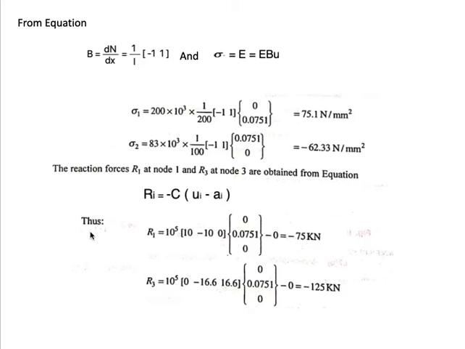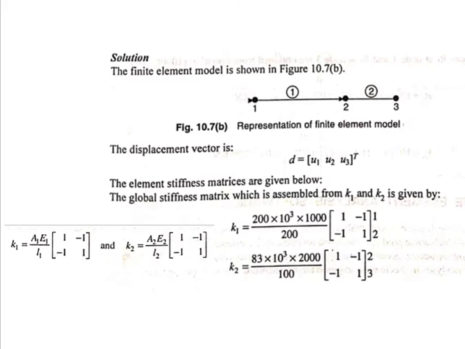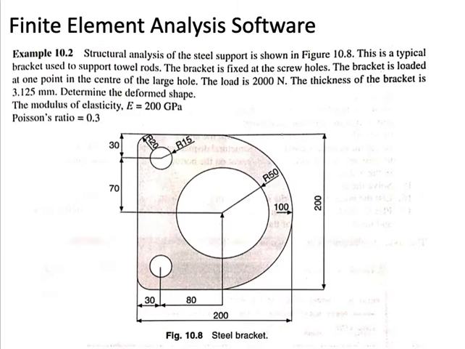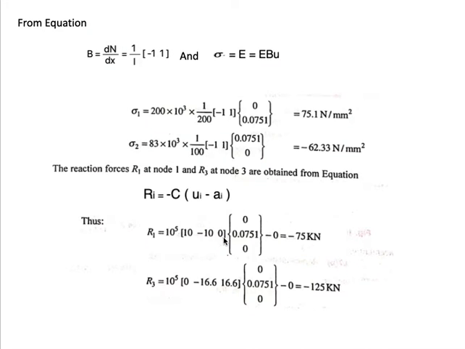Now 10 raised to 5, 10, minus 10 and 0, that is the matrix, and u1, u2, u3, and minus 0, since A is 0, so we get 75 kilonewton.